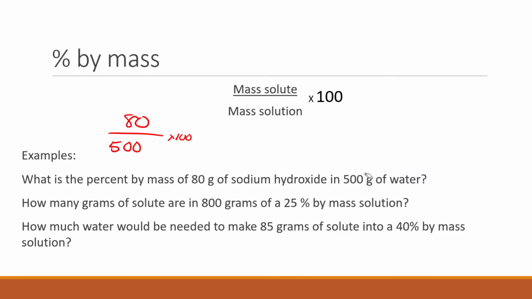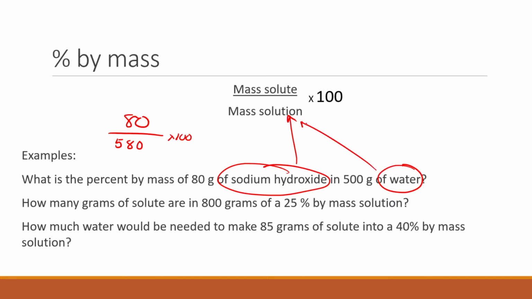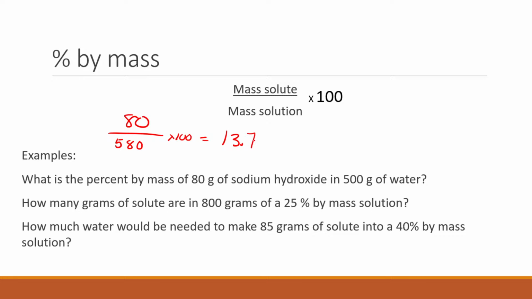When we go to plug this into the formula correctly, we're actually going to need to add the 80 back into it, because solute plus solvent equals solution. The 80 divided by 580 times 100 is going to give us our 13.79%, and that's our answer there.